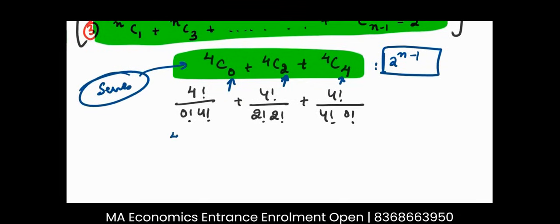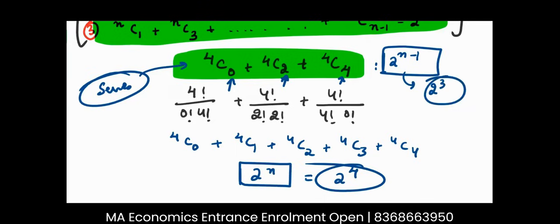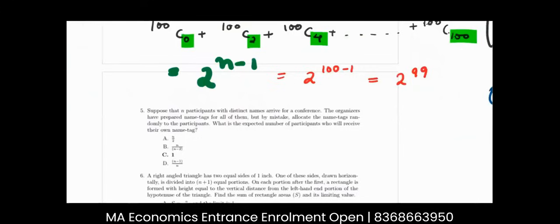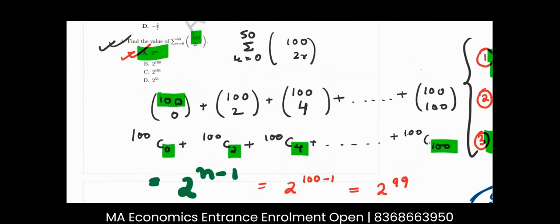Had I taken 4C0 plus 4C1 plus 4C2 plus 4C3 plus 4C4, then it would have been 2 to the power n, so I would have simply got 2 to the power 4 as the answer. Here I will get 2 to the power 3 as the answer. So I just have to remember how to find the sum of the combinations, and that will solve this one.